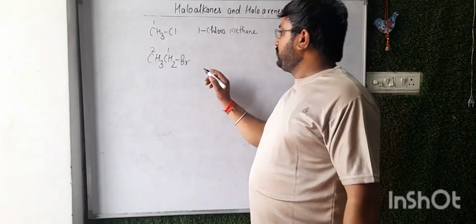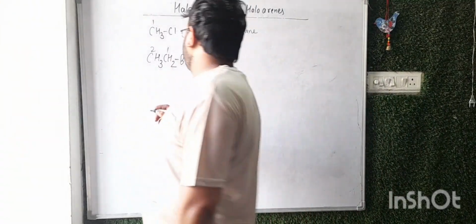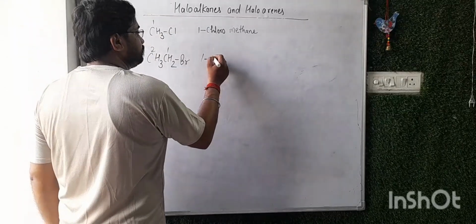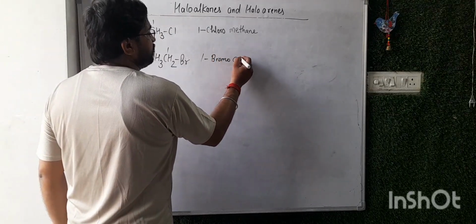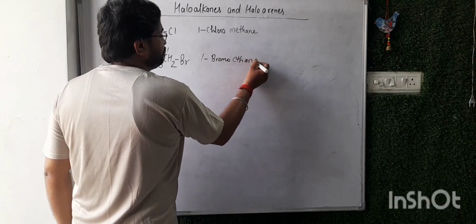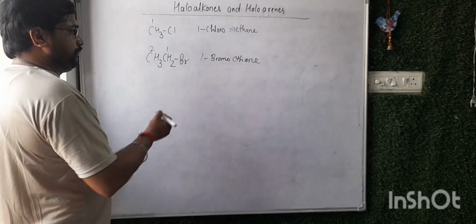So what is the name of this compound? 1-bromoethane. This is the IUPAC name of this compound.